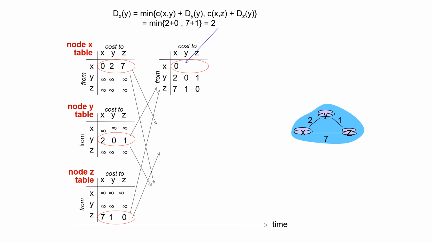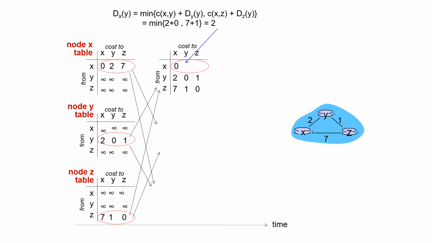Then after a while, suppose the node X is getting changed. So node X is changing its table by collecting its neighbors' distance vector tables. That is what the arrow from Y to X shows.